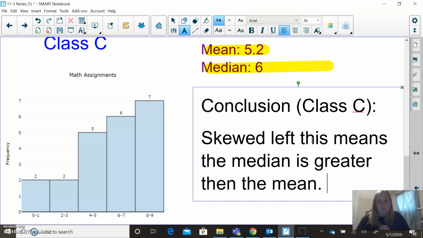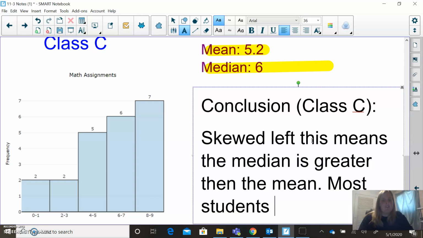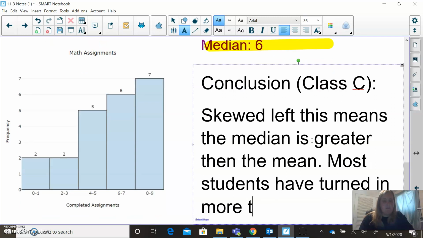So, another thing to look at is that most students, do you think they've turned in more or less than 4? Most students have turned in more than 4 assignments.